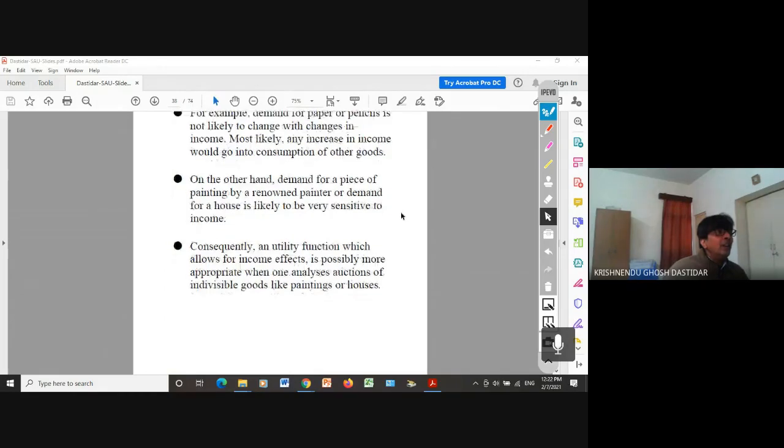On the other hand, demand for a piece of painting or demand for a house is very likely to be sensitive to income. That's very realistic, isn't it? So consequently, a utility function which allows for income effects, and I underline this is very important, is possibly more appropriate when one analyzes auctions for indivisible goods like paintings or houses.